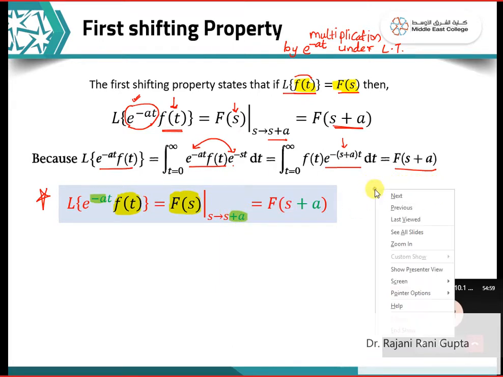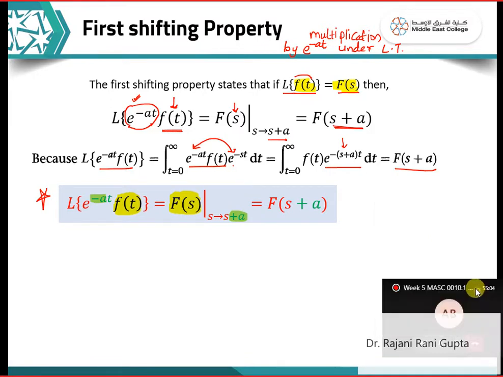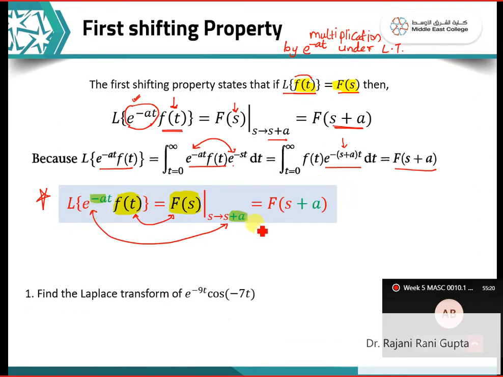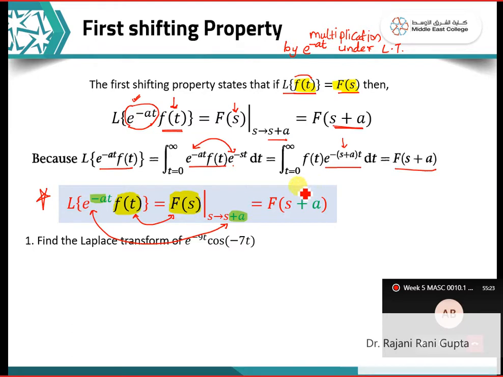So you need to focus on these two terms to get the solution. Once you get f of t, find the Laplace transform and substitute it here, and for e power minus at you get the corresponding term over here. Okay, so let's take the question.